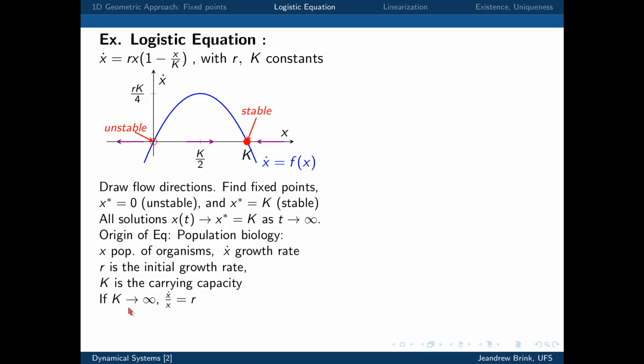Okay, so just one thing over here. If k goes to infinity, x dot over x approaches r. So that's what I said: if k goes to infinity, if the carrying capacity is much bigger than the population that you have, then the sheep are simply going to breed as if there's nothing, and you're going to have exponential growth.